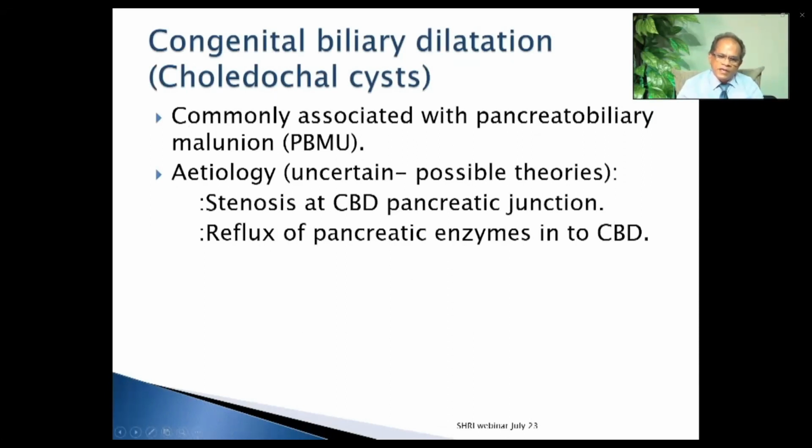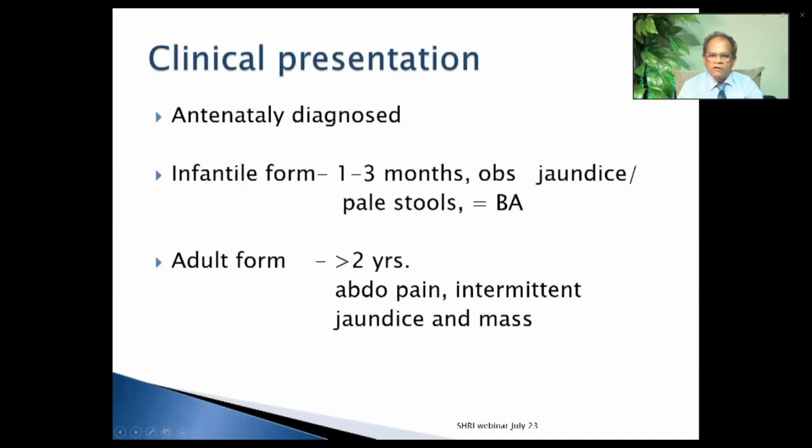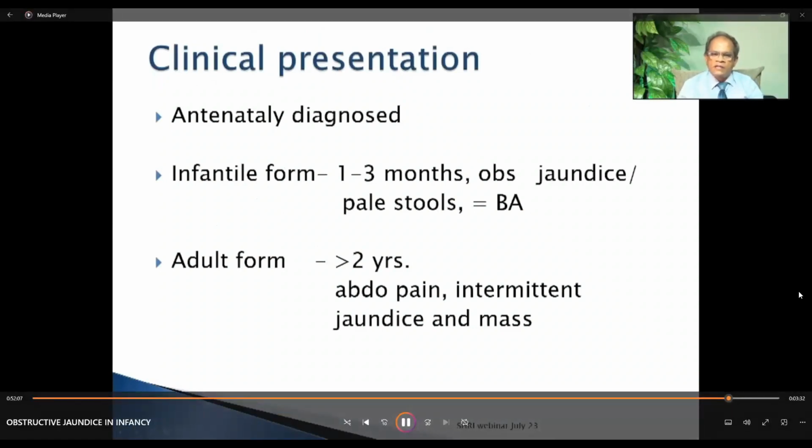That is, if the pancreatic duct is not opening in the normal way into the common bile duct, and there is reflux of pancreatic enzymes or pancreatic juice into the common bile duct, people think that biliary dilatation or choledochal cysts is a secondary phenomenon.